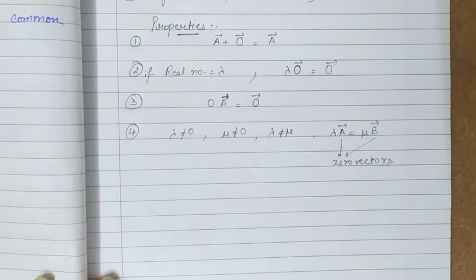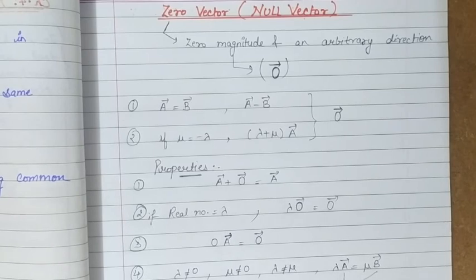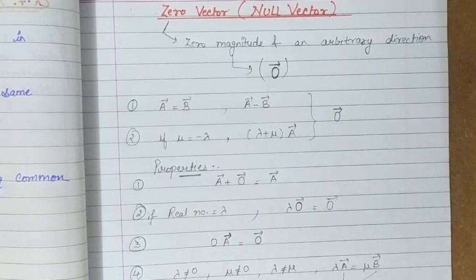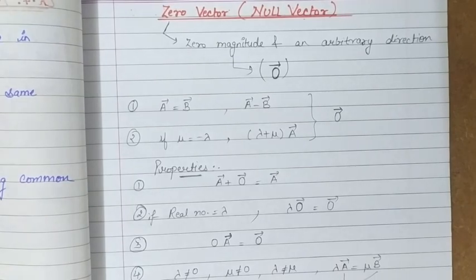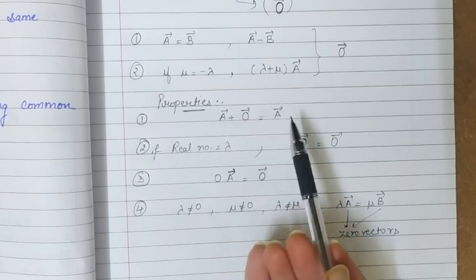Zero vector or the null vector is a vector that has 0 magnitude and arbitrary direction. It is represented by placing an arrow over the number 0, and the need for it is that whenever we have to represent a vanishing vector, a vector quantity that has magnitude 0, then we need zero vector as an answer. That's why the concept of zero vector was introduced, and these are its four properties: whenever a vector is added to zero vector, it remains the same.